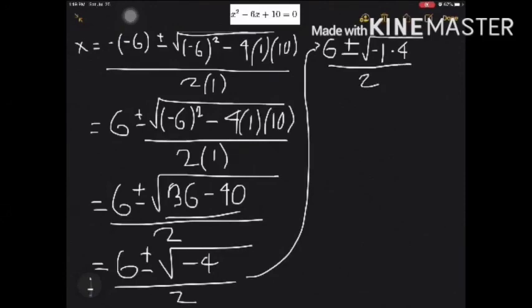Then I will take this negative 1 and make it an imaginary number. So what we get now is 6 plus minus square root of 4, then i for imaginary number, over 2. Then what we're going to do next is simplify.